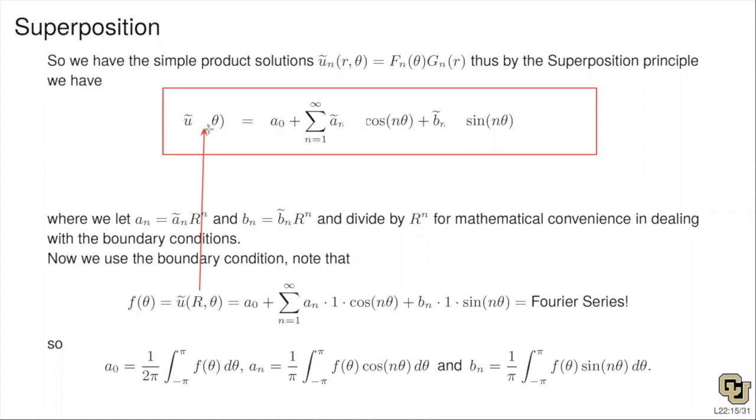So here I have a capital R. And so here you get a capital R to the N. Remember, capital R is a constant. Here I get a capital R to the N. And here, this whole thing is equal to F of theta.